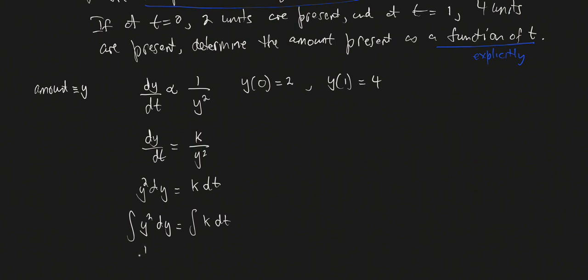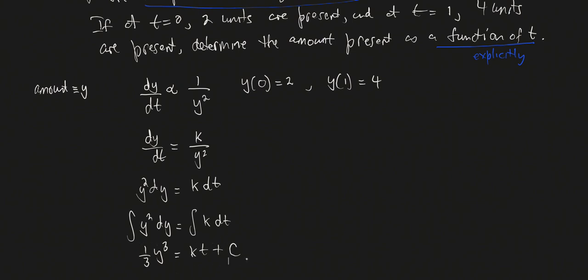So on this side we have 1/3 y cubed is equal to kt plus c. So that's where we need our two distinct constants. And now you may have been wondering, why were we given two conditions, right? Well, that's because we have two constants now. We have a constant of proportionality and we have a constant of integration.